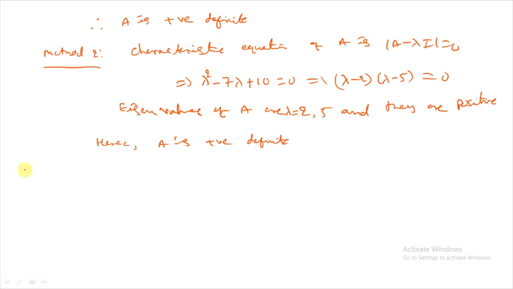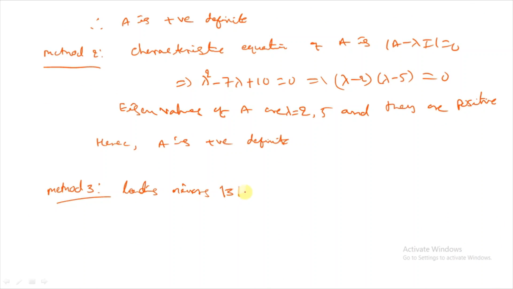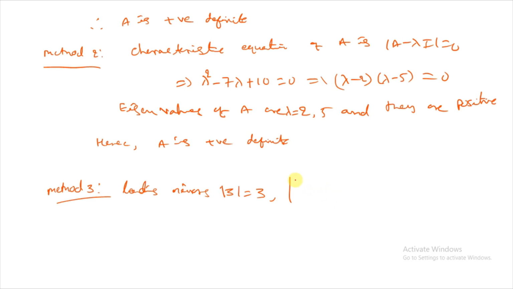Now the third method is leading minors. The first leading minor is the determinant of the element 3, which is 3. Note it is the determinant, not the absolute value. The second is the determinant of [[3, 1],[2, 4]], which equals 10.